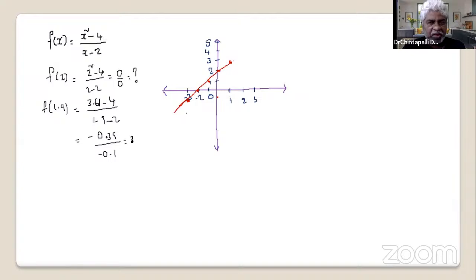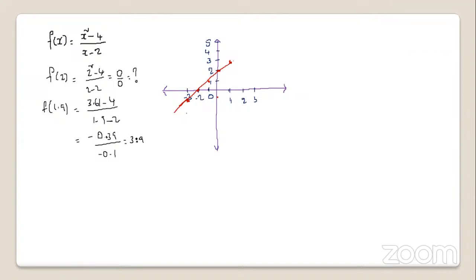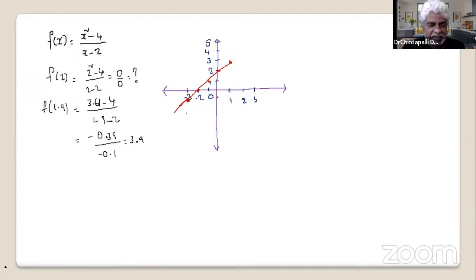That is equal to 3.9. Got it? So for 1.9, it is 3.9.